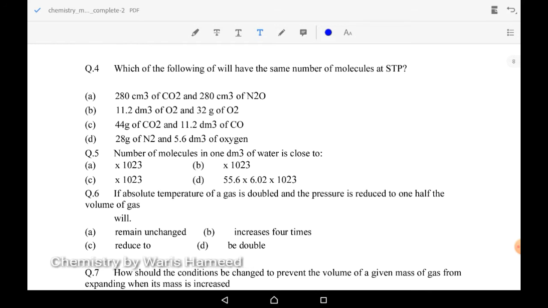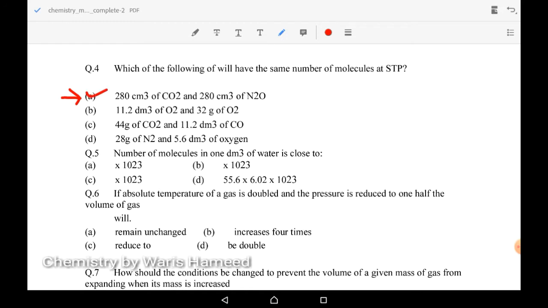We can define it as equal numbers of moles of gases occupying equal volumes. In this case, 280 cm cube of carbon dioxide and 280 cm cube of nitrogen dioxide will have the same number of molecules.